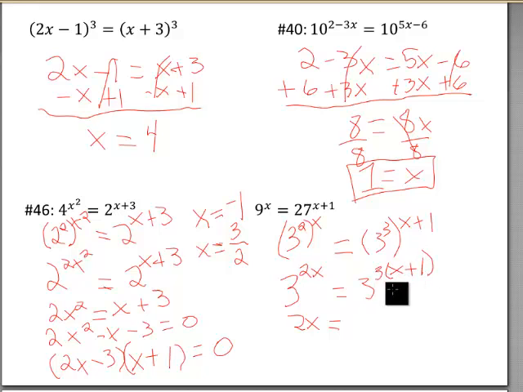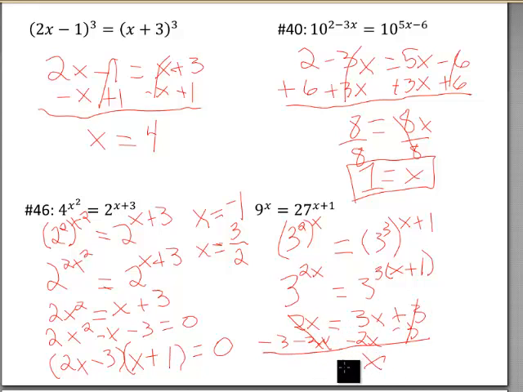We have to distribute the 3, remember, so this becomes 3x plus 3. So I'm going to subtract 3 and subtract 2x, leaving us with x equals negative 3. Okay? All good there? I hope so.